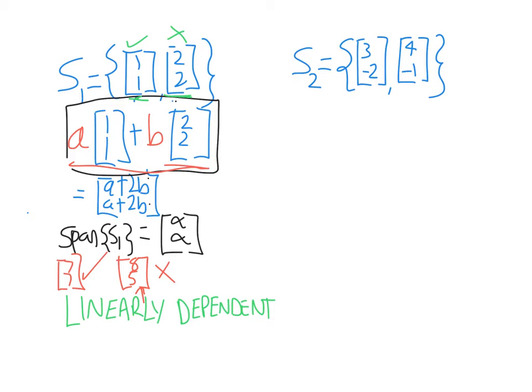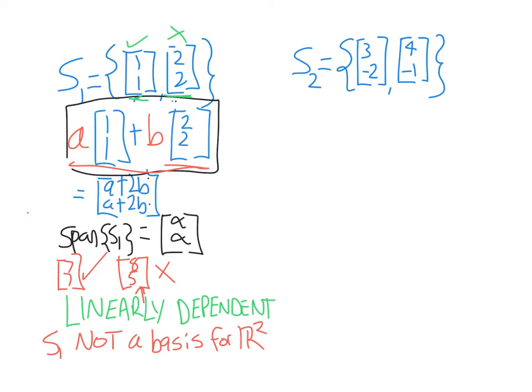So it is not linearly independent. Because not all vectors in S1 are linearly independent, the whole set is not linearly independent. It is linearly dependent. So we say it like this: S1 is not a basis for R2.